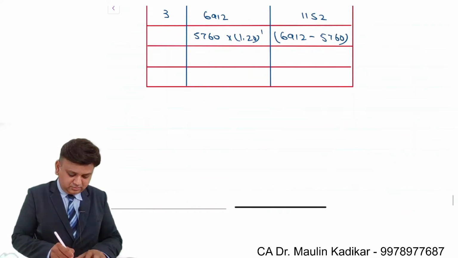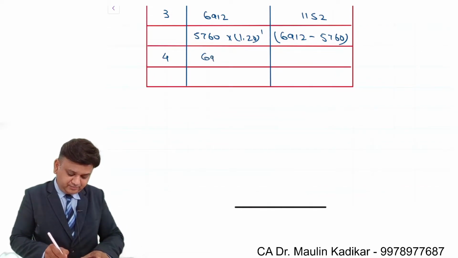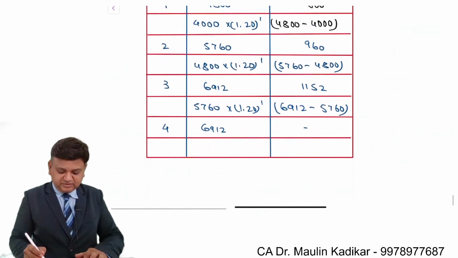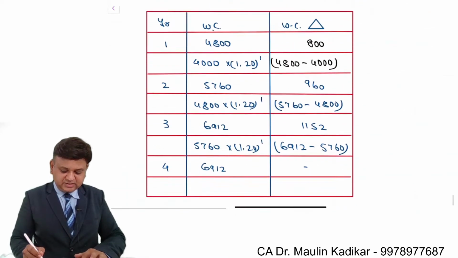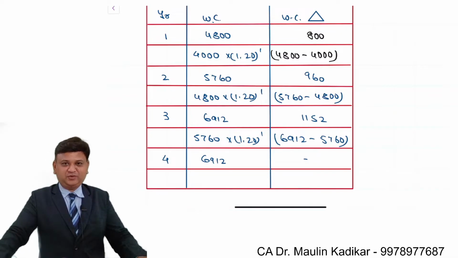Fourth year, there is no change in the sales, so the working capital will also remain same. So afterwards we don't have to make any investment in the working capital. This is the way we are required to compute the answer from end of year 1 to end of year 4. Please take down answer.